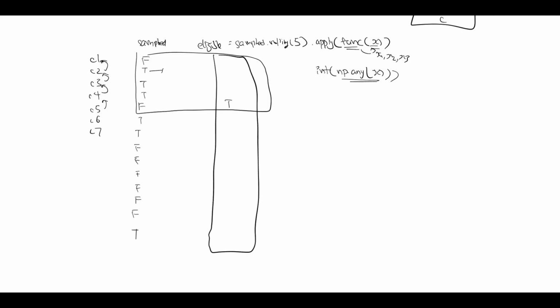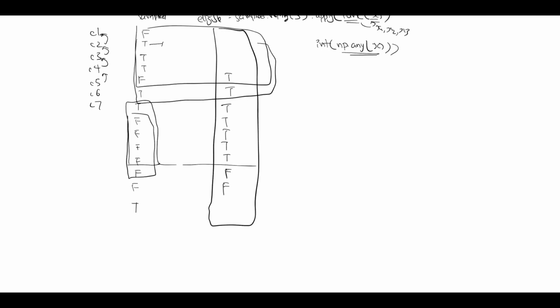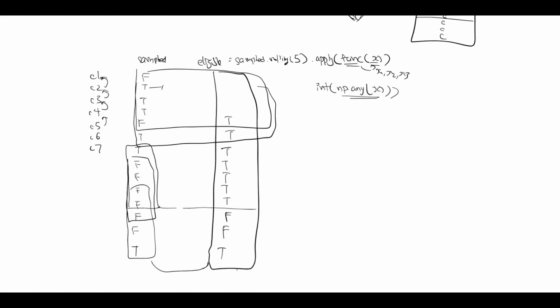Then the next row again has at least one true, so this will be true, and we will have mostly true until we arrive at this. But when we come to this, we realize all of them are false, so this will be false. The next row will also be false, and then we'll come across a true, and this will be true. So this is the resulting pandas series.